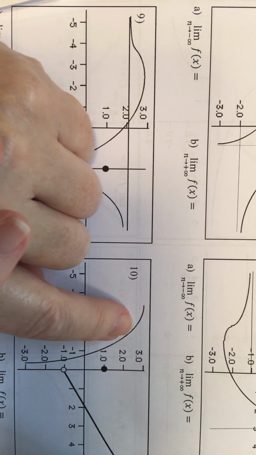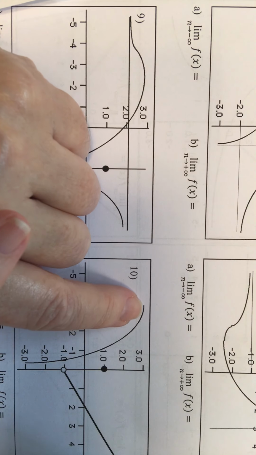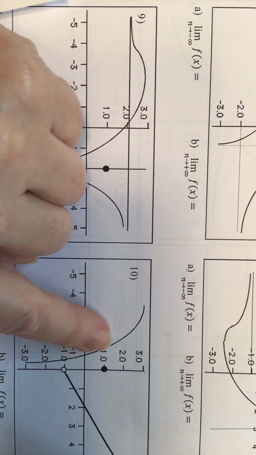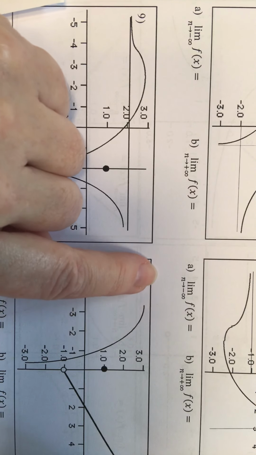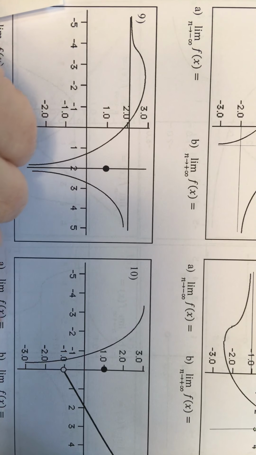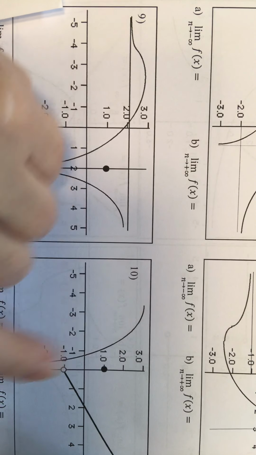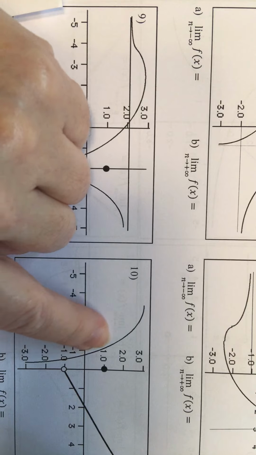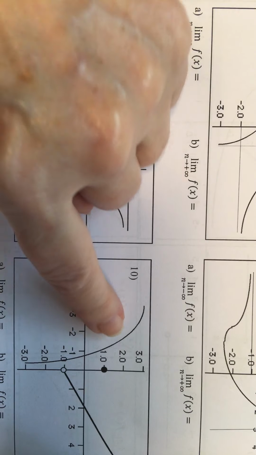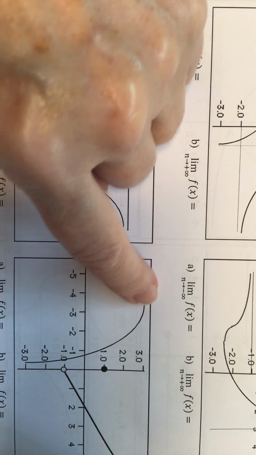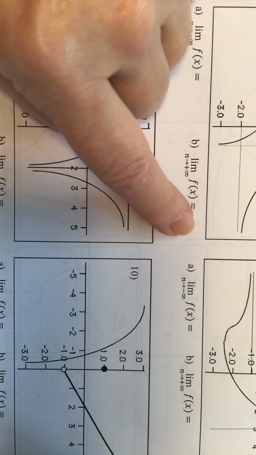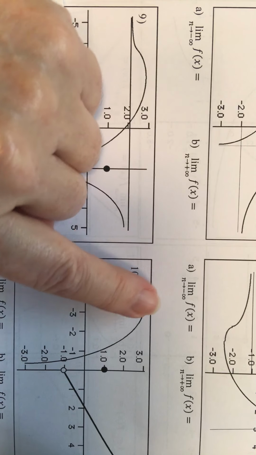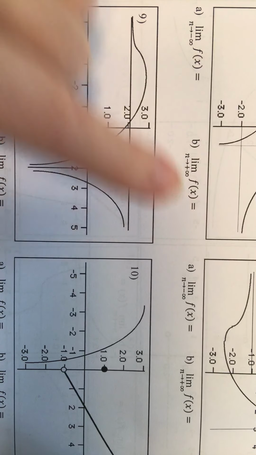Some people think if it looks like it's curving here, you could say, oh wow, it's equal to 3. Or some people think, oh, it's going to just keep on going up, ever so slowly, you see the curve is still going.